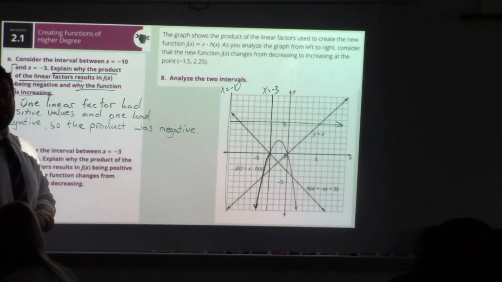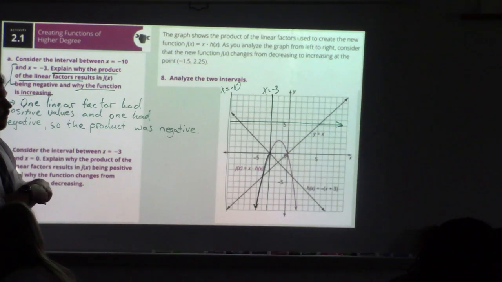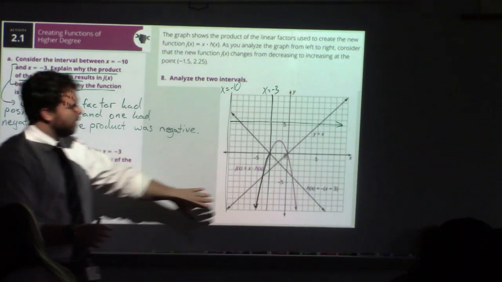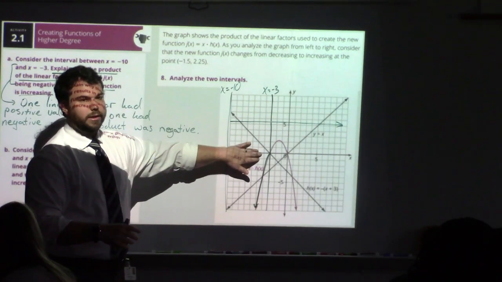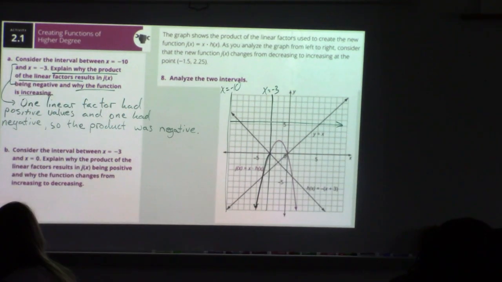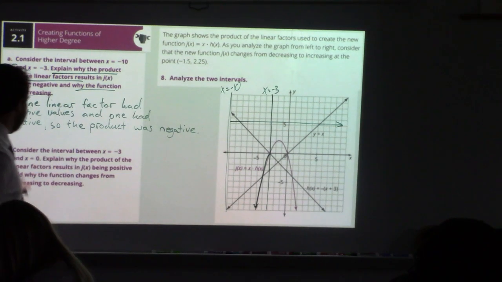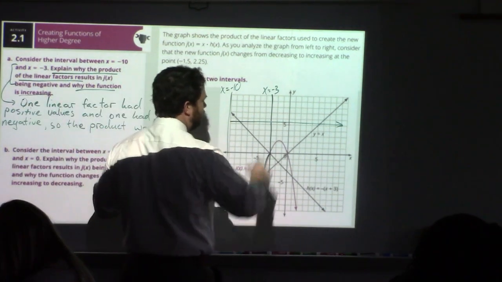They're always increasing, right? I'm not saying that the x are increasing. When we talk about intervals over which the function increases, we're talking about the y values are increasing. That's the thing to keep in mind. So now, using that information, I want you all to tackle 8b within your small groups. Consider the interval between x equals negative 3 and x equals 0.